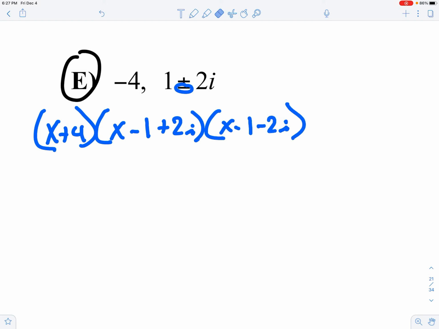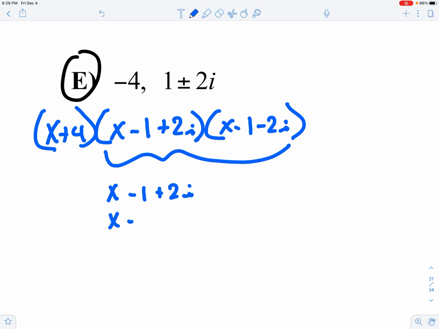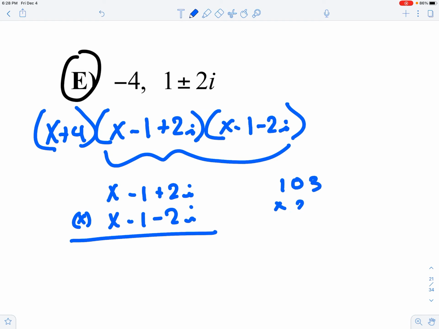And because I know that there's probably going to be a lot of stuff canceling out here, I'm going to multiply these together first. What I'm going to do is this. I'm going to go ahead and multiply x minus 1 plus 2i. And I'm going to write x minus 1 minus 2i right underneath it. And then I'm going to multiply, kind of old school, just like if I were multiplying like 103 times 27, right?